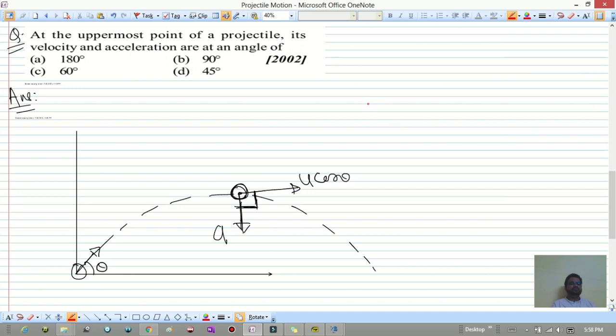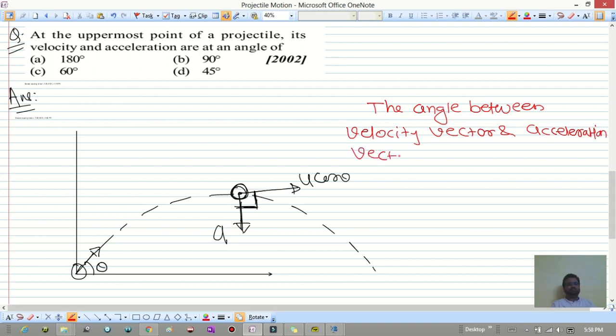So you can write: the angle between velocity vector and acceleration vector at the topmost point is 90 degrees. 90 degrees is the answer.